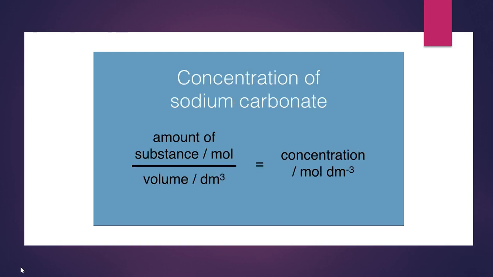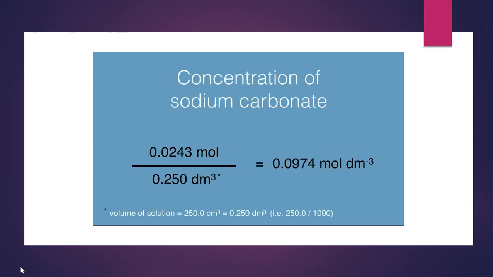As we know the volume of the solution in the volumetric flask is 250 centimeter cubed, we can calculate the concentration. Remember to divide by 1,000 to convert the units of volume from centimeter cubed into decimeter cubed. So, the known accurate concentration of your sodium carbonate solution is therefore 0.0974 moles per decimeter cubed.